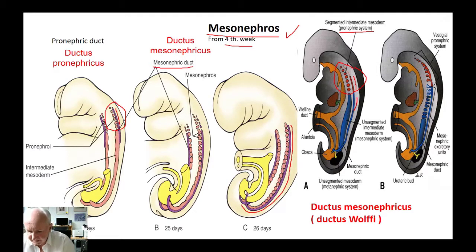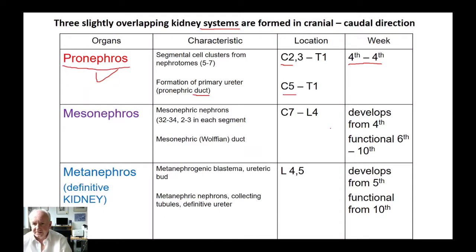And how develops the mesonephros? The mesonephros, as you see, from the 4th week, and slightly functional to the end of the 10th week. That means there are nephrons in each segment which are opening into the mesonephric, or in another name Wolffian duct.